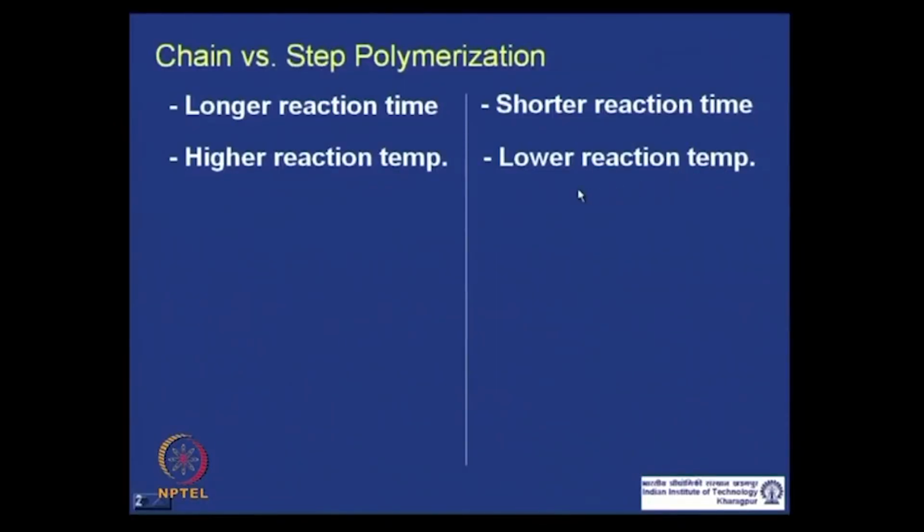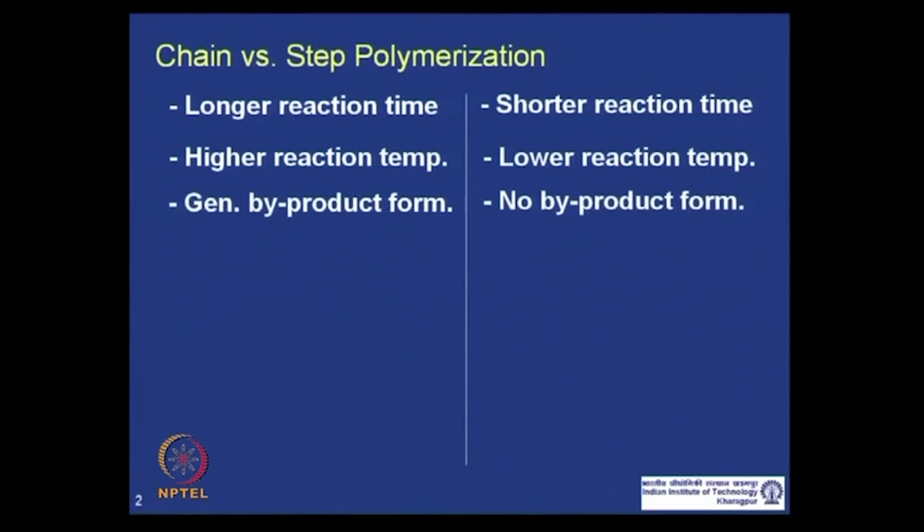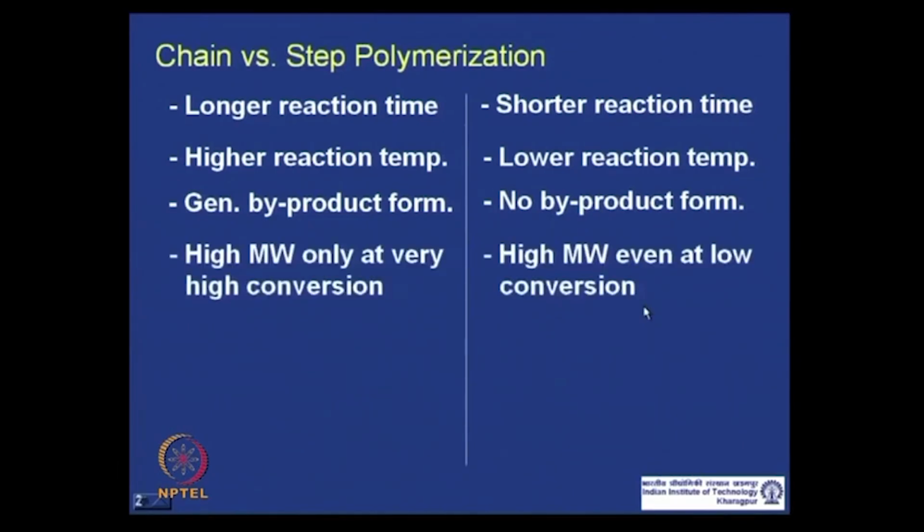And in the other case, chain reaction, you can do it at a lower reaction temperature as well, because the reactivity of these monomers is quite high. In case of step growth polymers, you generally get a byproduct, but there are examples where the reaction happens without byproduct formation, and in case of chain polymers there is no byproduct formation.